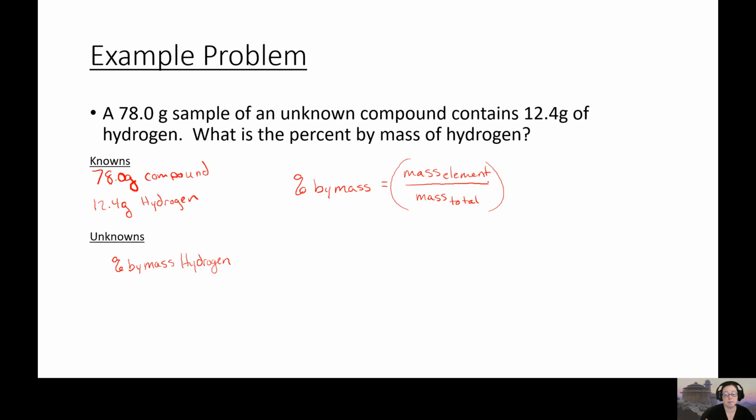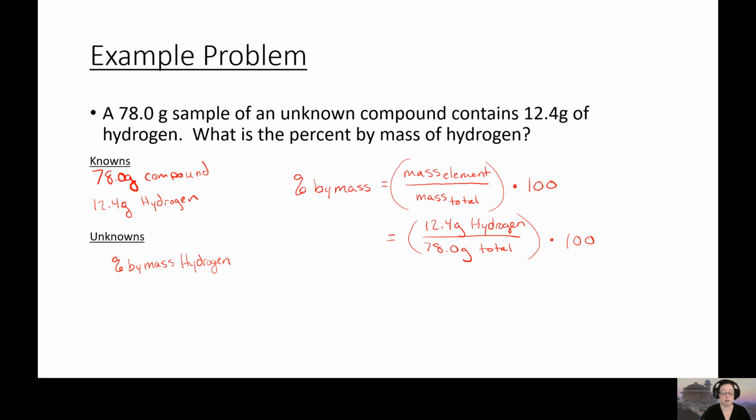I put parentheses to remind me to do that first, times 100. Now I'm just going to plug in my numbers. So I have 12.4 grams of hydrogen divided by 78.0 grams total, and we're multiplying that by 100.